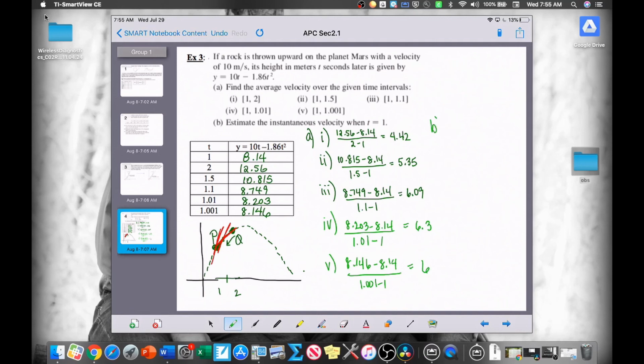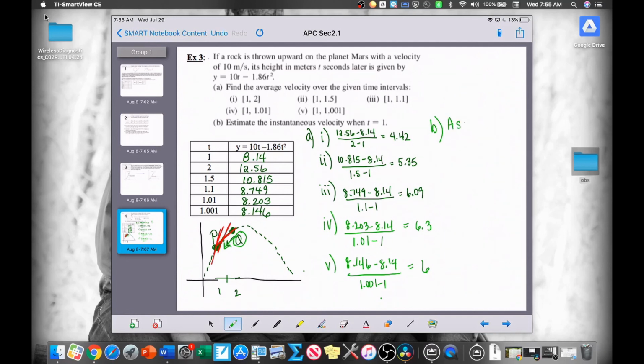The answer to part B, hopefully, is very simple, right? Because we did all this math and we showed that as we bring this Q point right here closer and closer to P, the slope between those 2 points that we calculated is getting closer and closer to 6.